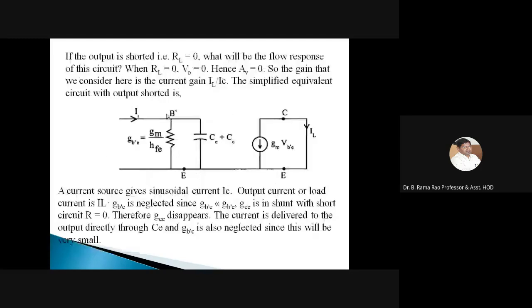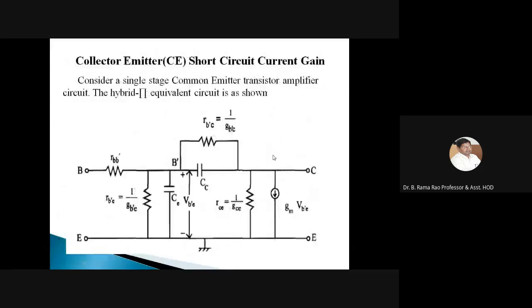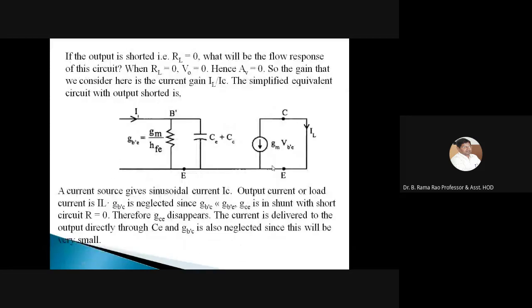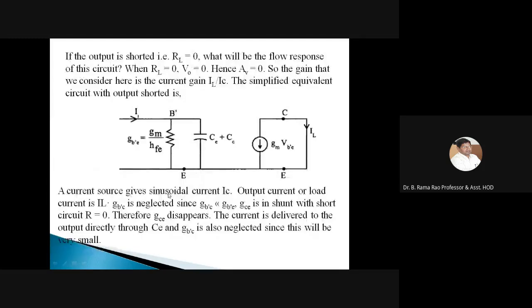Take RL equal to 0, and the resistances in the output will disappear. The other branch becomes open circuited because its resistance is much greater. Then redraw the circuit.